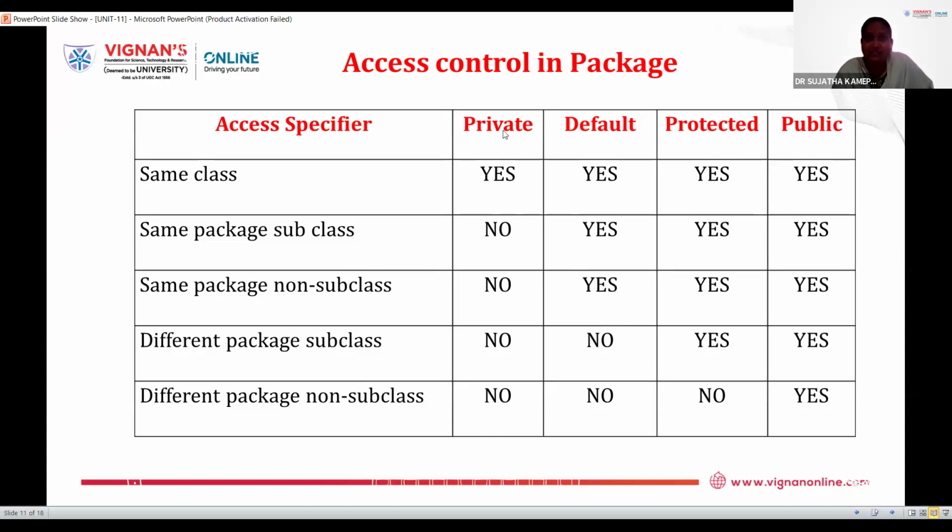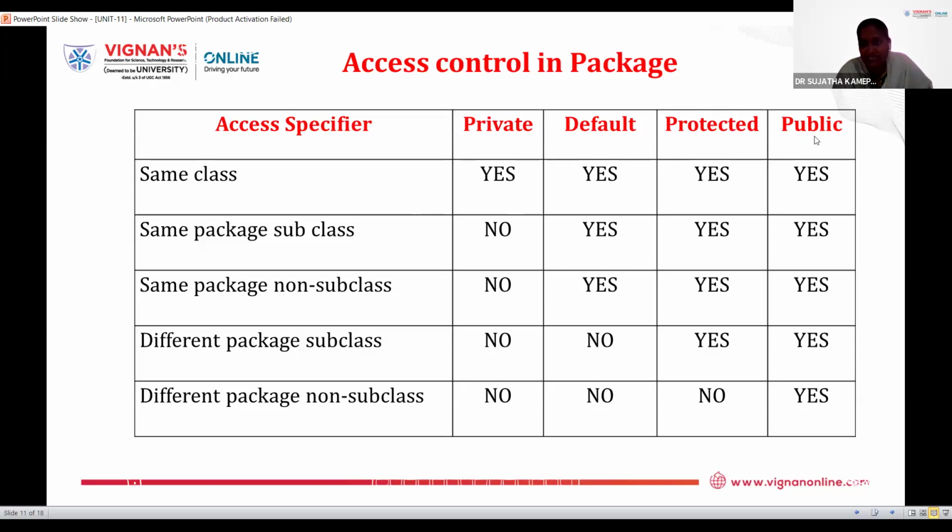If it is a private member, then in the same class, we can access anything, the method or anything, that can be accessed within the same class only. In other classes, it cannot be accessed. If it is default, it can be accessed in the same class.